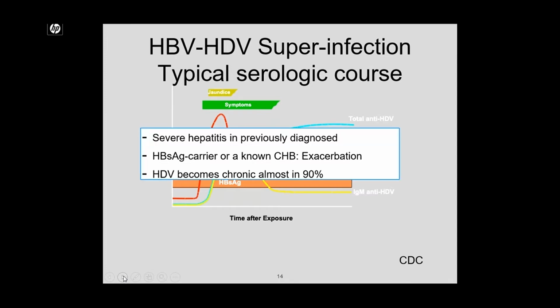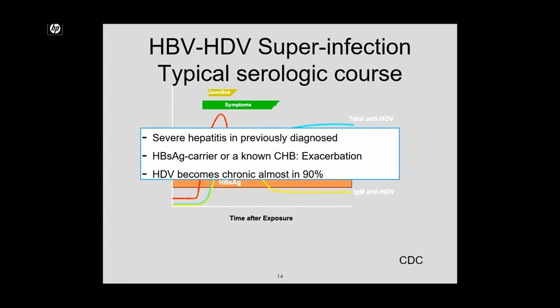So to summarize, it is like a severe hepatitis in a previously diagnosed patient, or a hepatitis B surface antigen carrier, or a known patient with exacerbation. And in these individuals, hepatitis D becomes chronic in almost 90%.